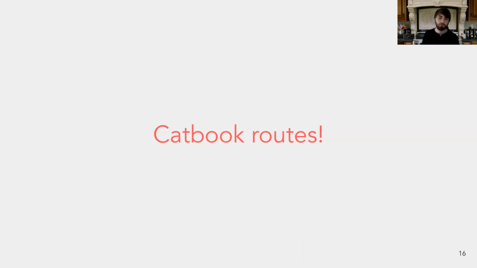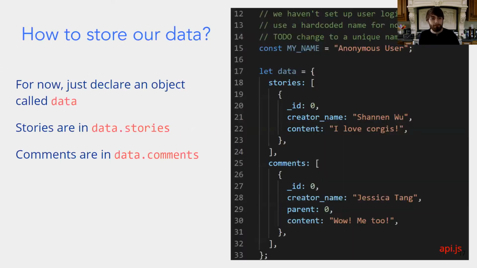We've been dodging this bullet for a long time because it's kind of hard to set up your own server and API sometimes. But for starters, if we want dynamically stored and retrieved data, we want to start with some place to hold data. Now, for now, we don't really have a database.